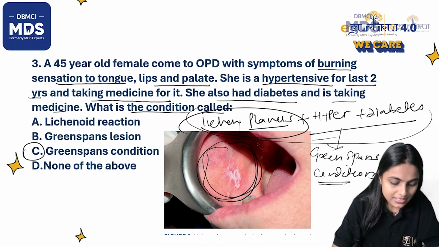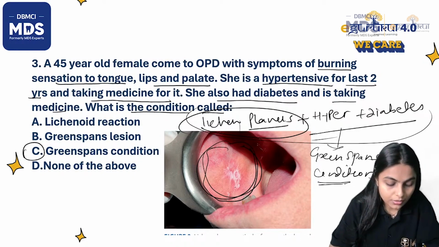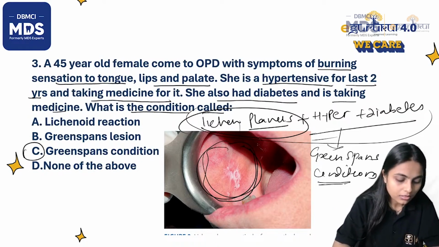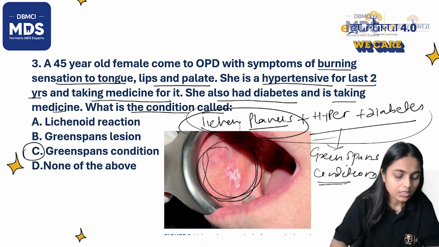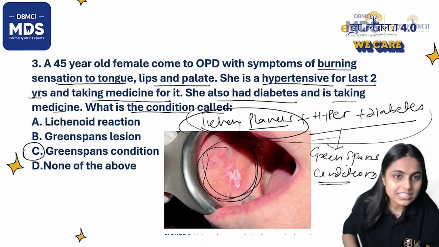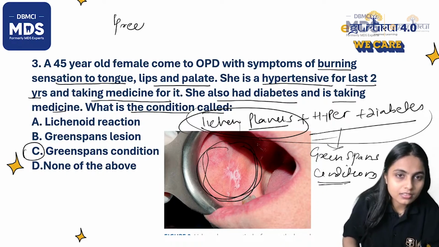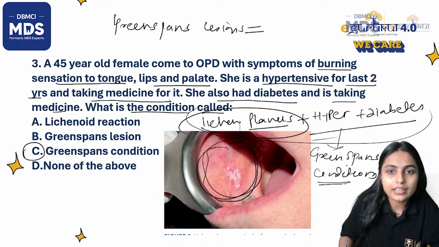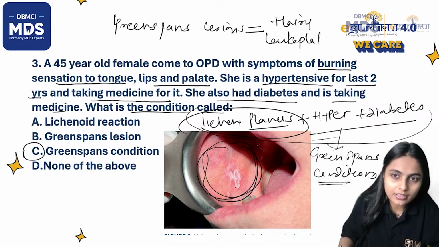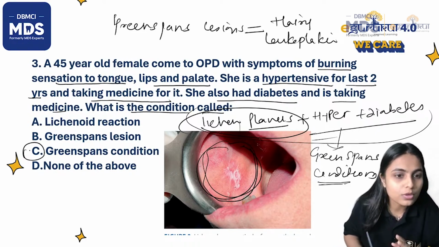Greenspan's lesion is another name for which lesion? Can you just recall? Greenspan's lesion is another name, a synonym, for hairy leukoplakia, right? So this option is automatically ruled out.